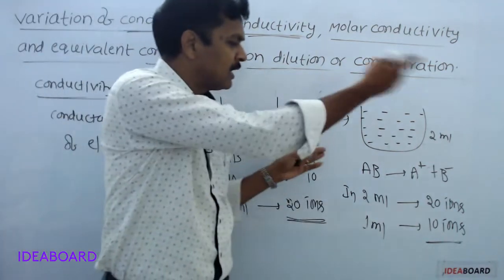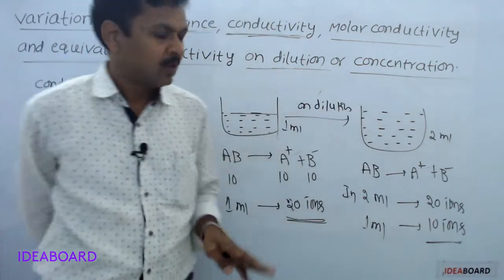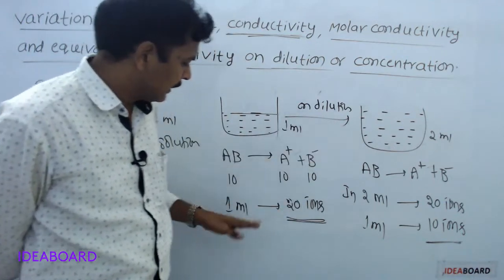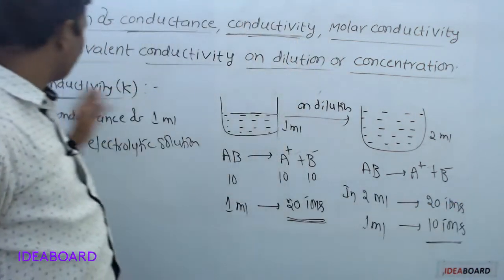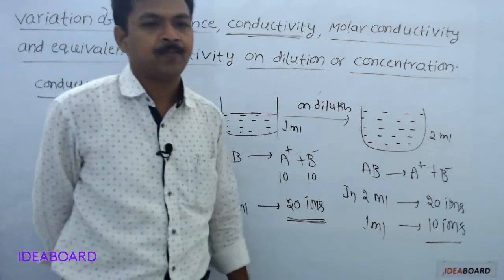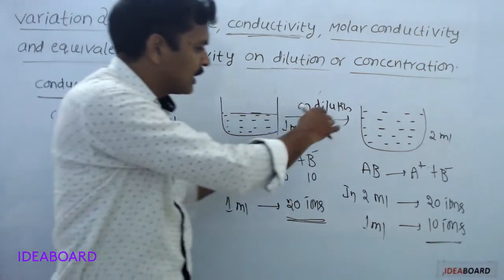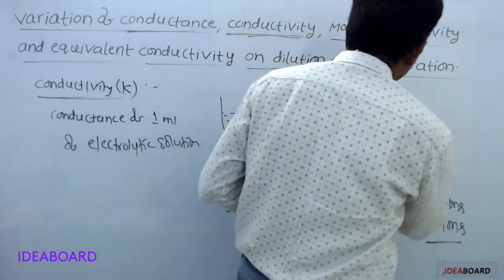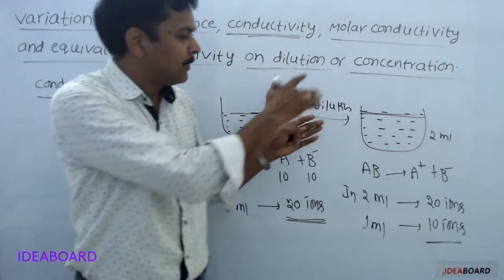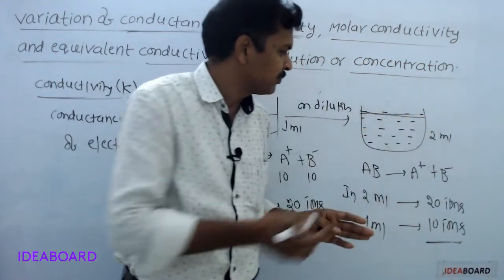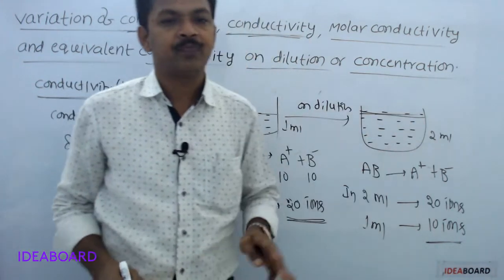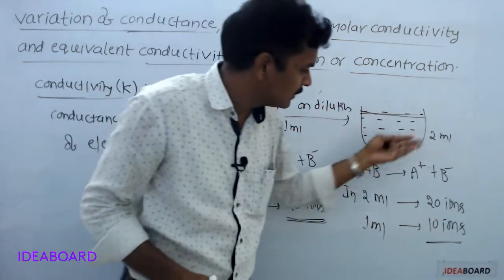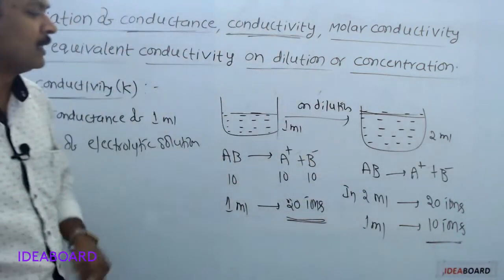If the number of ions per unit volume decreases on dilution, then conductivity decreases. As the number of ions per unit volume decreases, the number of ions carrying current decreases. Therefore, conductivity decreases.